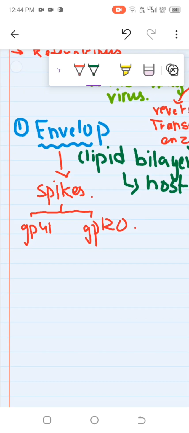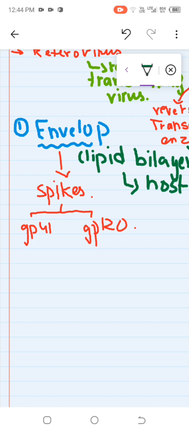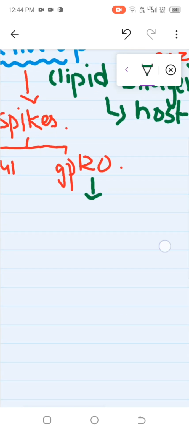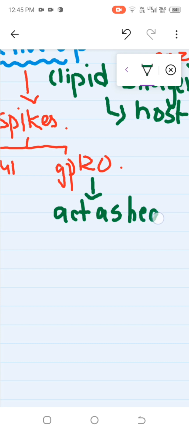Now let's discuss these. Spikes contain two types of protein, as I told you, GP120 and GP41. GP120 acts as the head receptor, and this GP120 binds to the host cell because it contains the receptor.